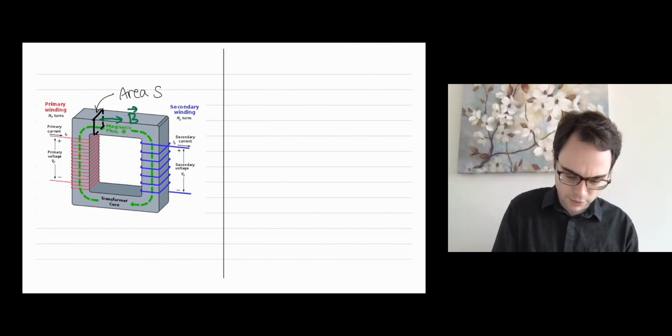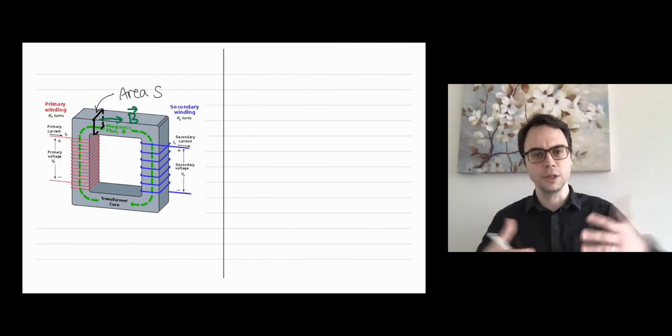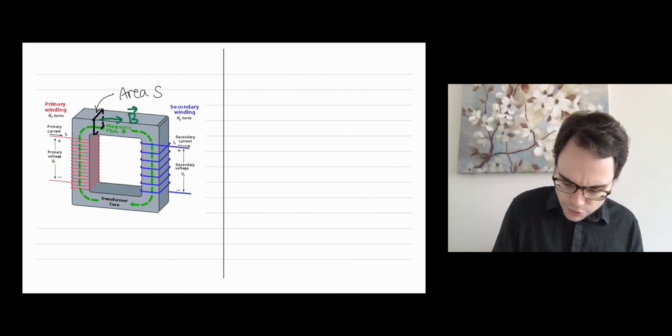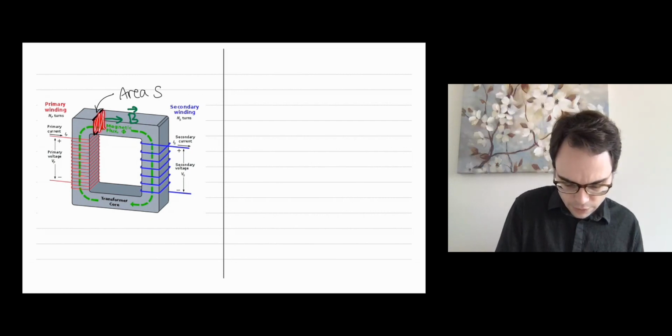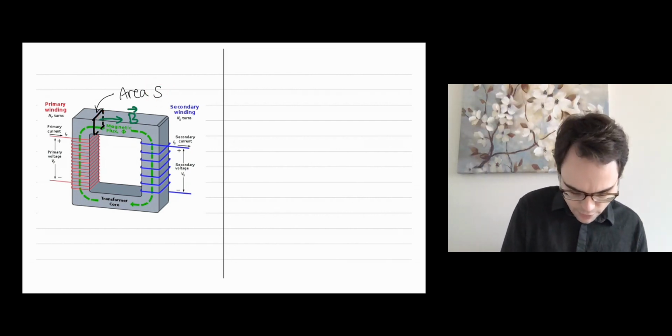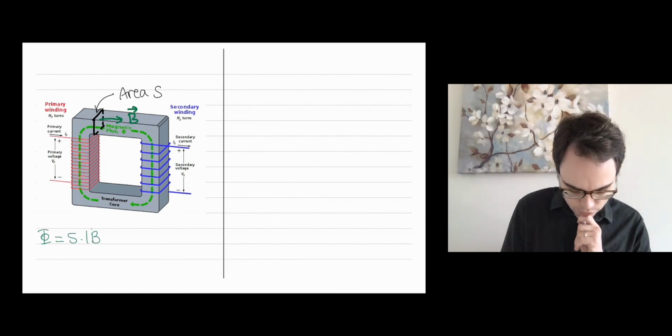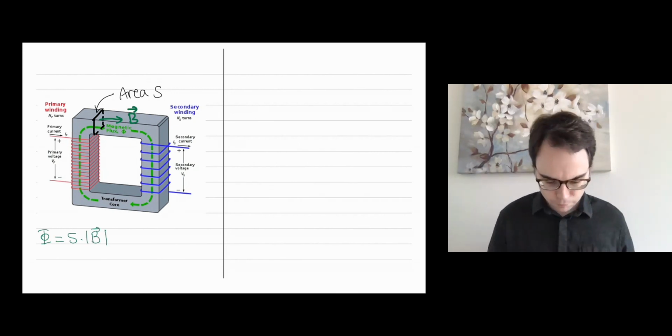The magnetic field looks like this, and it's perpendicular to the cross section of the iron core. And so the magnetic flux through this area S is phi, which is equal to just the area S times the magnitude of the magnetic field.